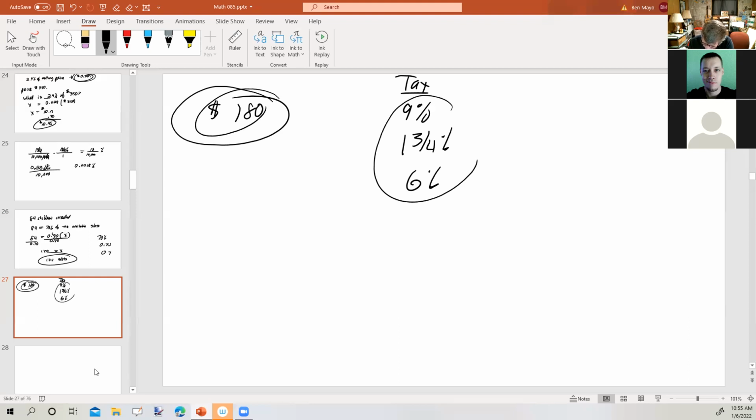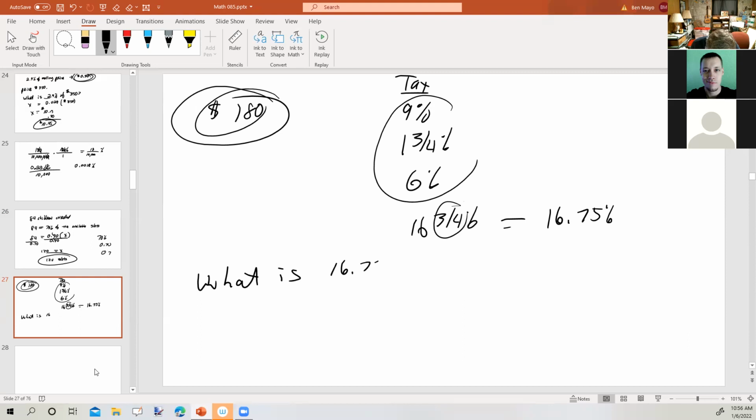We'd get 9, 10, 16 and 3/4%, which is also 16.75%, because 3/4 is 0.75. So our question becomes, that's a lovely looking W, what is 16.75% of $180?